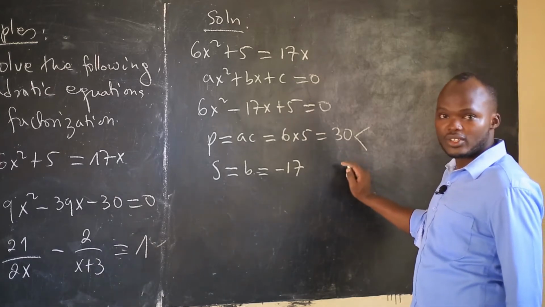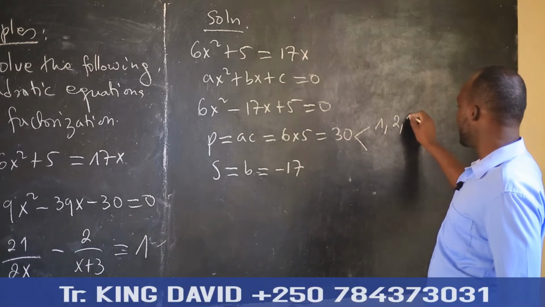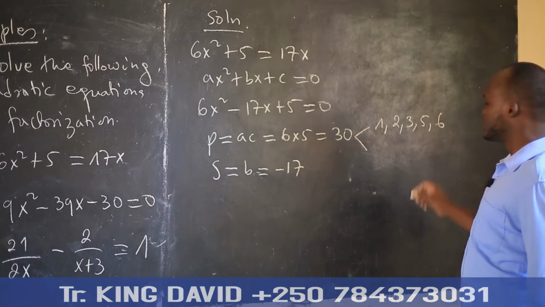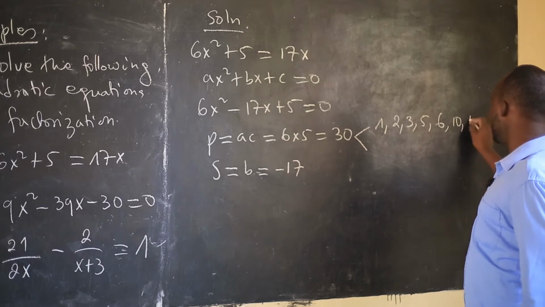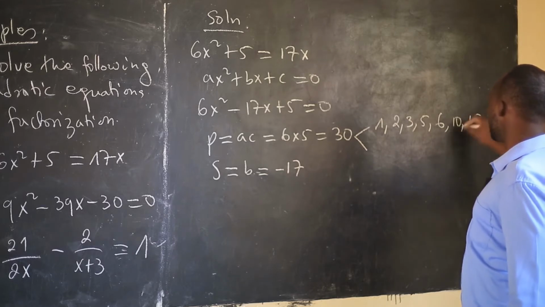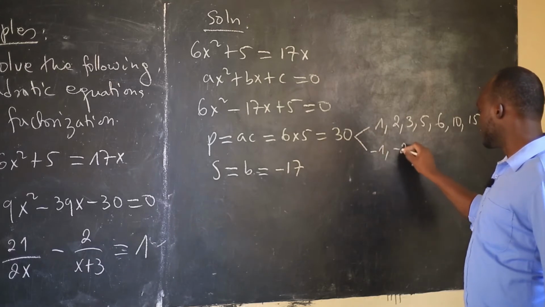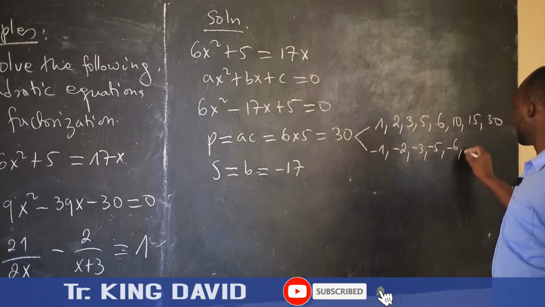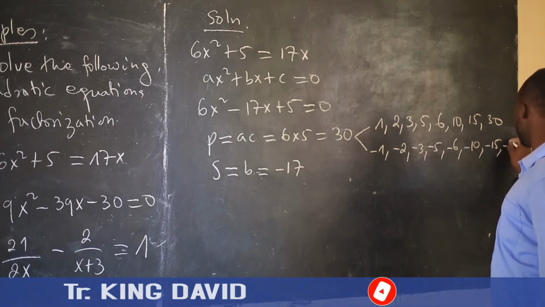So what are the factors of 30? The factors of 30 are 1, 2, 3, 5, 6, 10, 15, and 30. We need to use positive and negative: negative 1, negative 2, negative 3, negative 5, negative 6, negative 10, negative 15, negative 30.